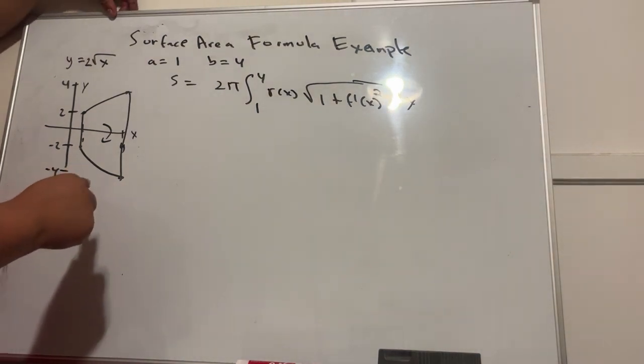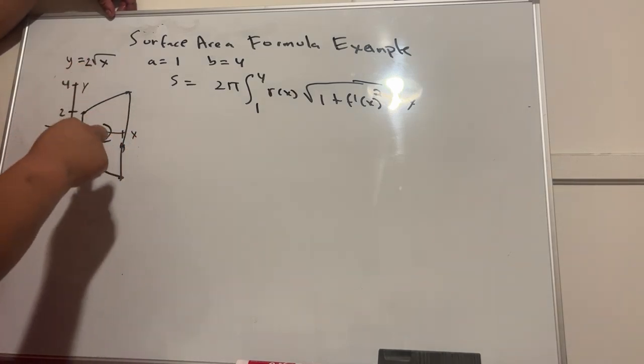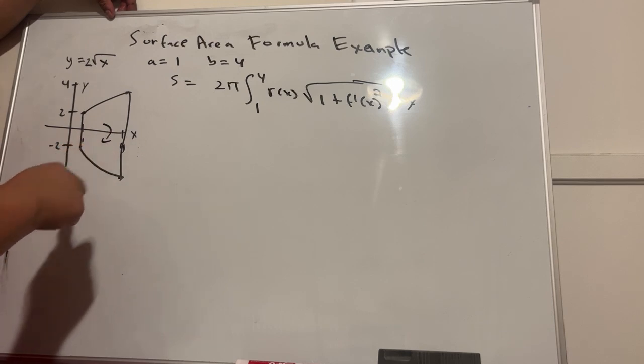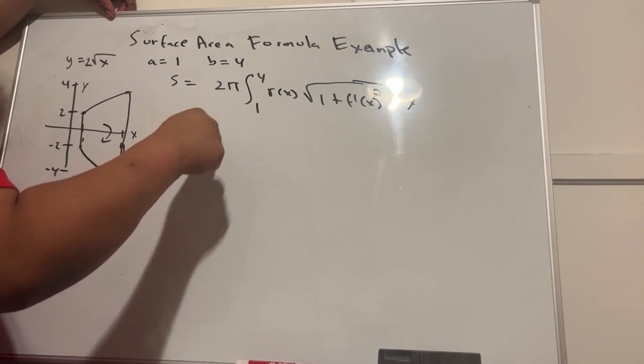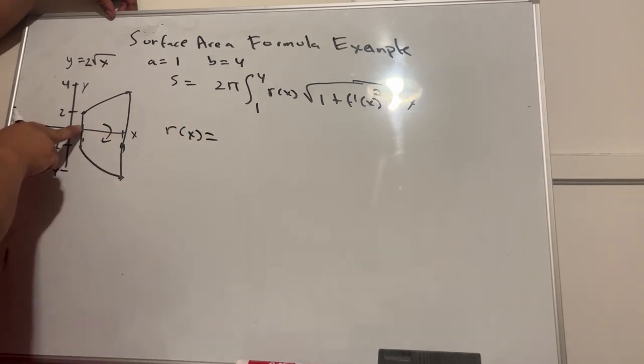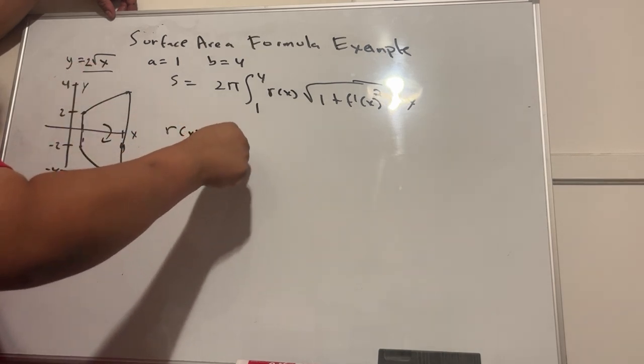Notice that R(x) is equal to 2 square root of x. Okay, so now R(x) is equal to the distance between here and here, so that's going to be the function 2 square root of x.